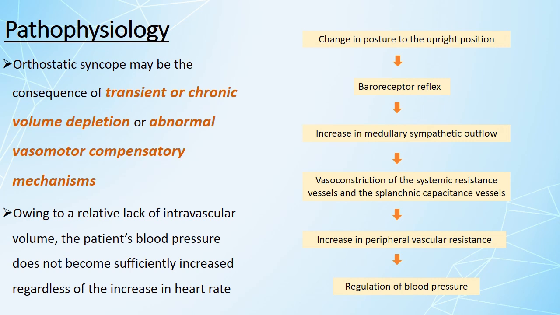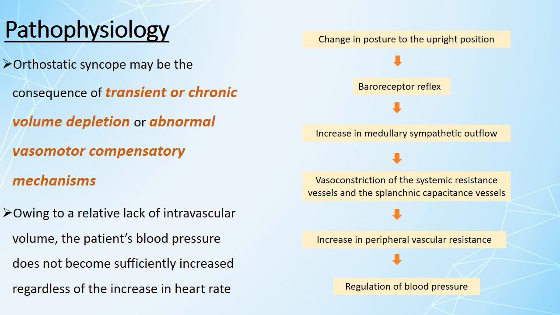So whenever there's a change in posture to the upright position, there's an activation of the baroreceptor reflex, and therefore there's an increase in medullary sympathetic outflow. As a result of that, there's vasoconstriction of the systemic resistance vessels. Resistance vessels are nothing but your arterioles and arteries, and the splanchnic capacitance vessels. Capacitance vessels are nothing but your small and large veins.